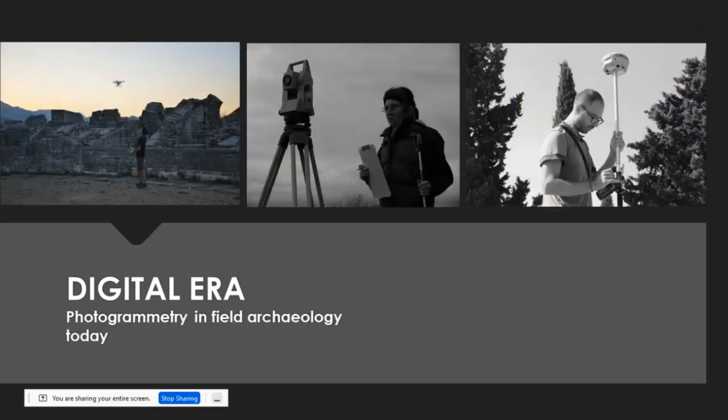In the digital era today, digital photogrammetry techniques have been developed to the point that anyone with extremely cheap equipment and without any special or expert level of knowledge about photography, geodesy, and photogrammetry can create detailed and precise 3D models.